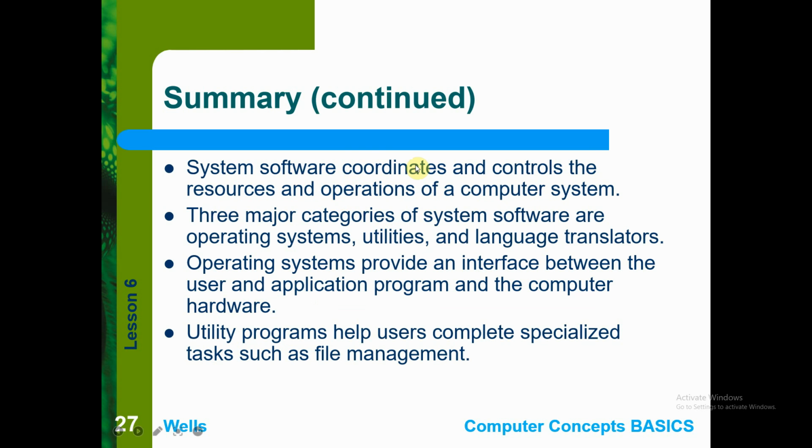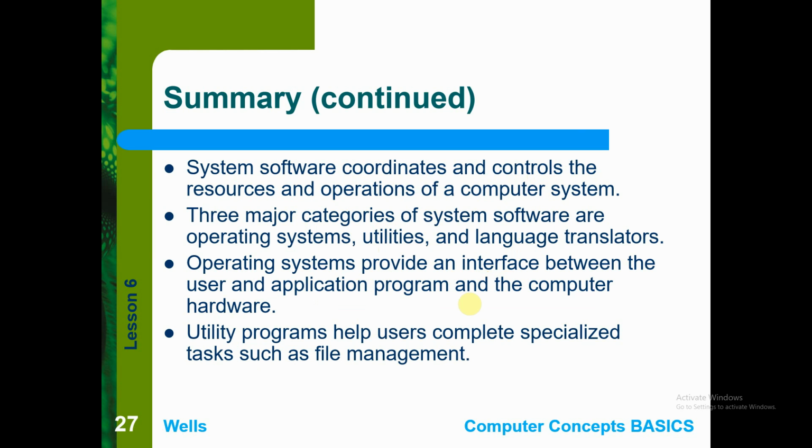Then the system software coordinates and controls the resources and applications of a computer system. There are three major categories of system software: operating systems, utilities, and language translators. The operating system provides an interface between the user, the application programs, and the computer hardware.